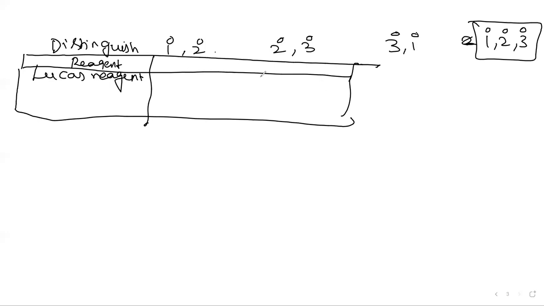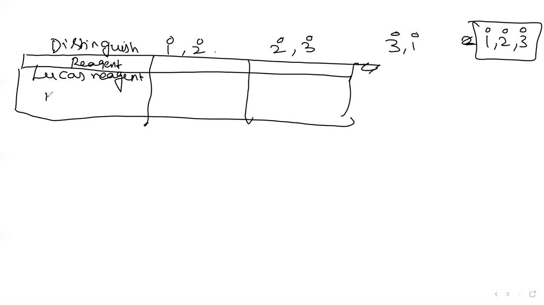But you should write the observation also, what you observe. Whenever you add a reagent, one of the compounds will respond to the reagent, the other one will not. So in what way it responds, we have to mention. The observation that you see after the addition of the reagent only helps you to distinguish, no?